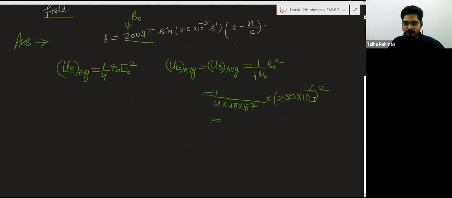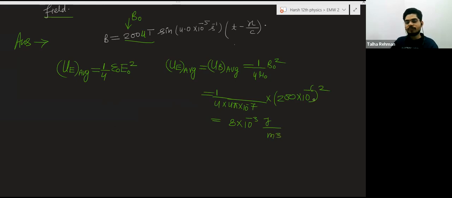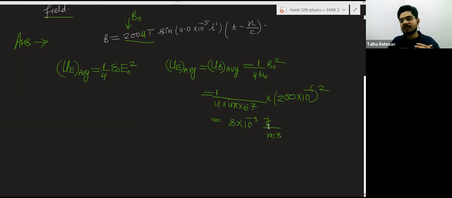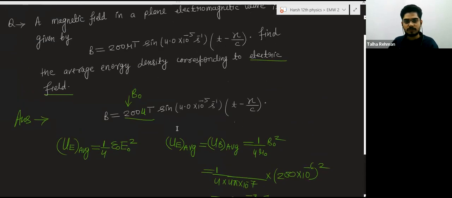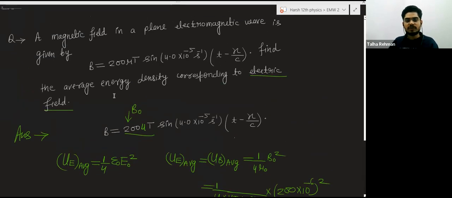When you solve it, you will get 8 into 10 to the power minus 3 joule per meter cube. Why joule per meter cube? Because this is the energy density, and energy density means energy per unit volume. Energy is joule and volume is meter cube. So you can now note this down.